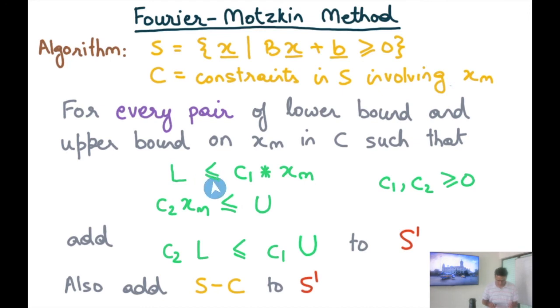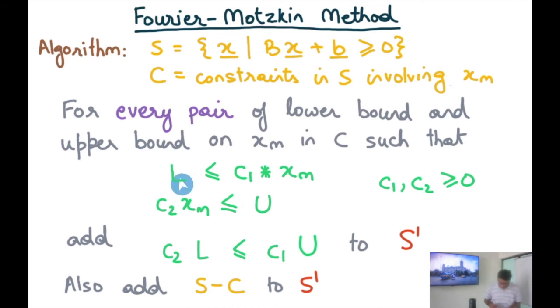So that's why it's L less than or equal to C1 xm, or you should be able to bring it into this form, C2 xm is less than or equal to u. Here L and u are arbitrary affine expressions on all the variables x1 dot dot dot xn except xm.